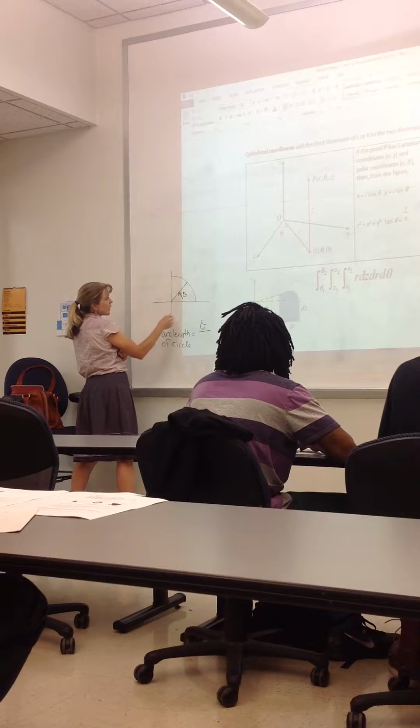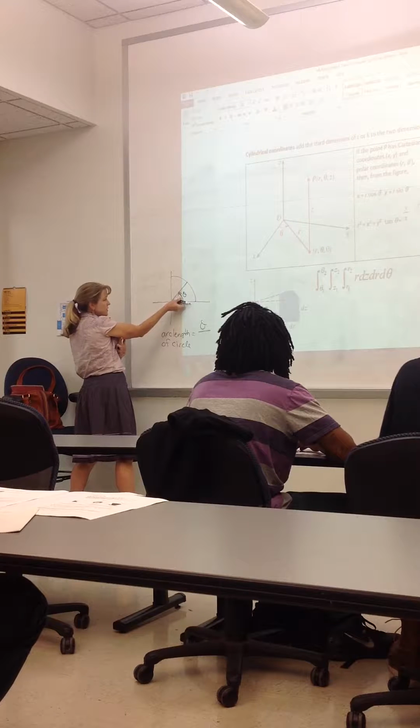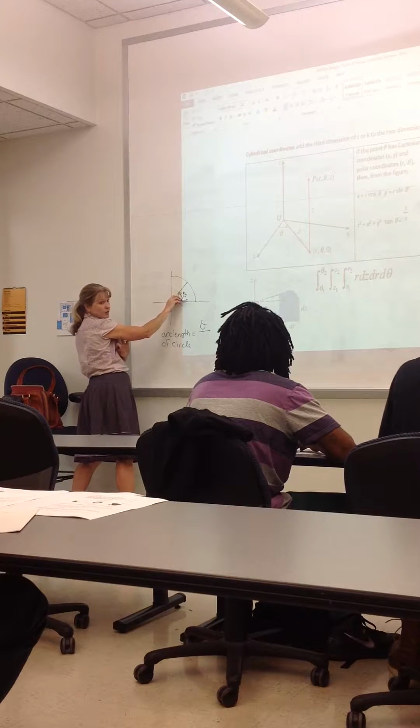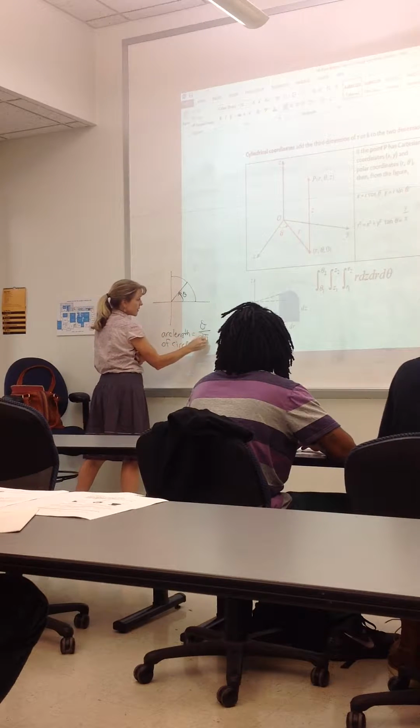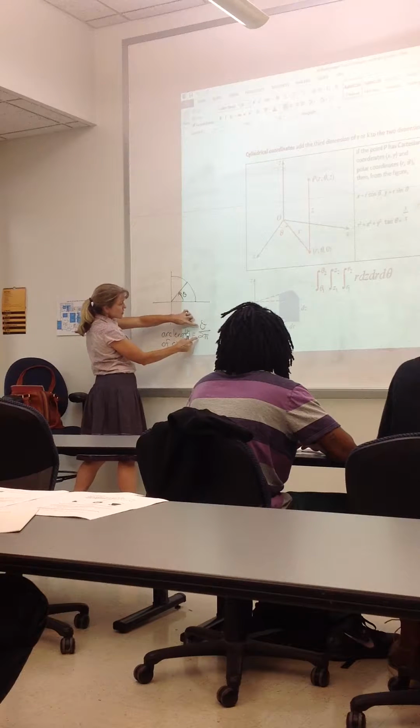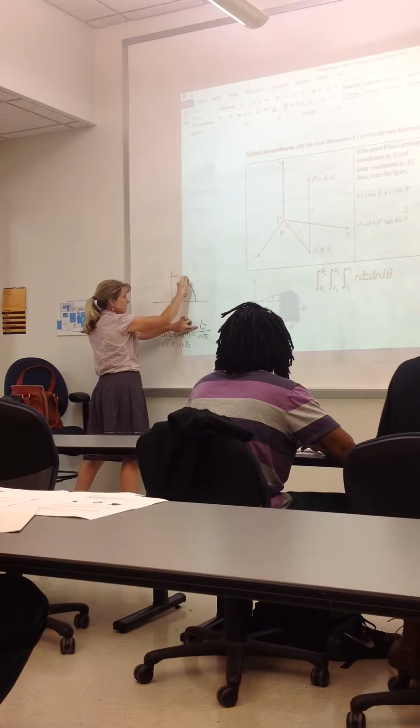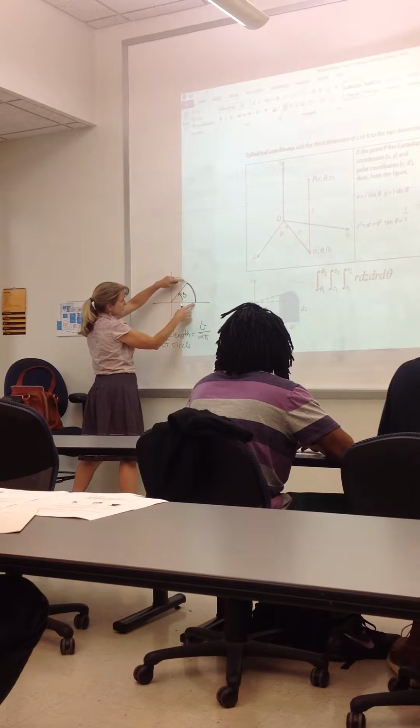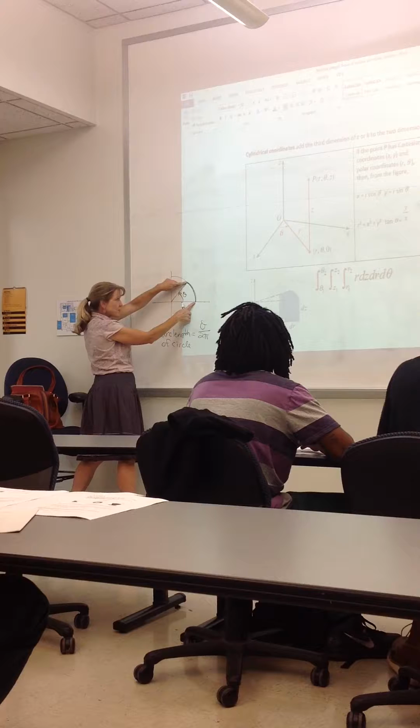If I'm working in radians, then what's an angle that makes a full circle? 2 pi. So this is the fraction of the circle that I've traced, and so that's the fraction of the circumference that I've traced.